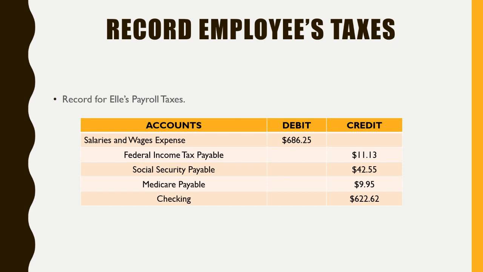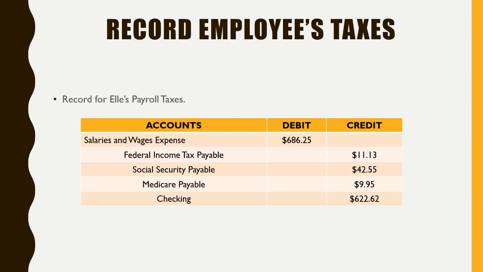This is how we determine how much the individual is going to receive from the company. Salaries and wages expense is how much this individual person has earned overall. These are all the deductions, all the taxes that we must take away from their paycheck. And at the end of the day, this is how much their check is going to be. Now, this is just the bare minimum of a typical person working for us that has zero benefits and zero deductions.